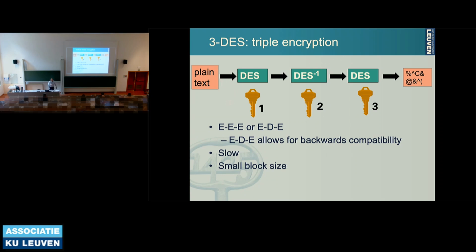I quickly went over it, but as I said, we get security if the total length of the messages that we encrypt with the same key does not get larger than the square root of our table size. We'll actually see a bit later a slide that explains where this limit comes from.